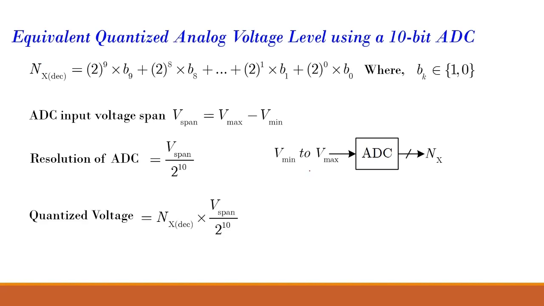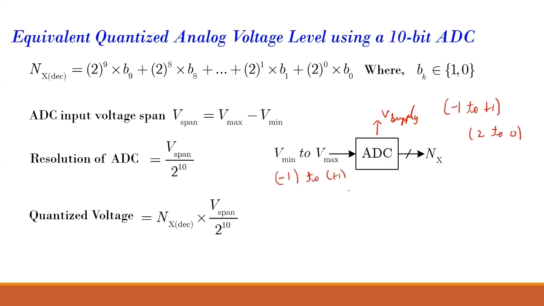Now my ADC, as I told, has a supply. That supply can range from either -1 to +1, or it could be 0 to 2, etc. Assume my ADC can read analog values between -1 to +1.